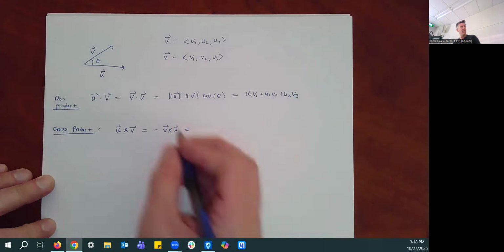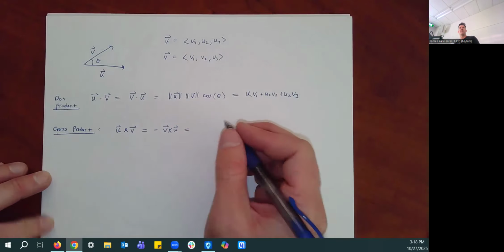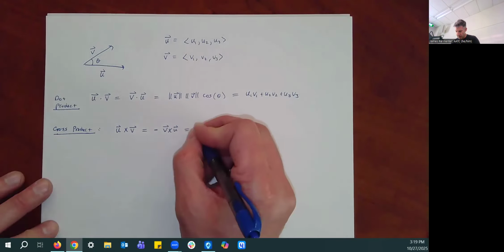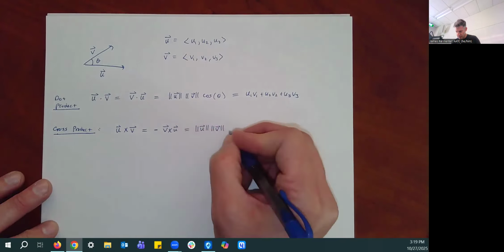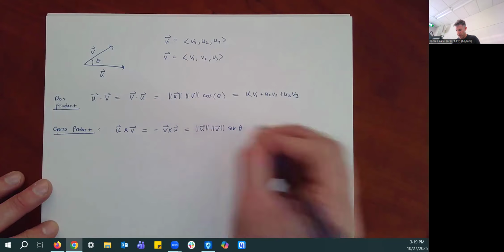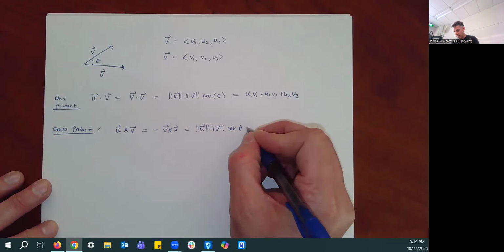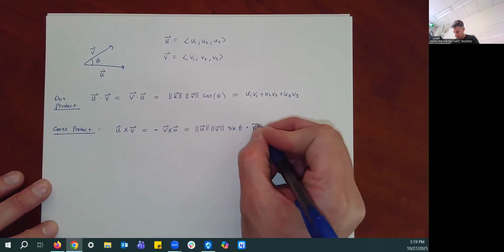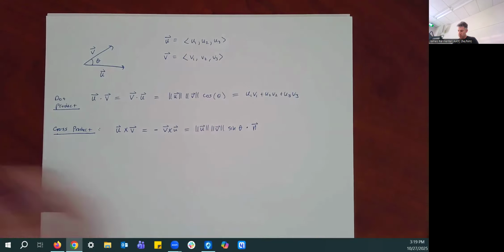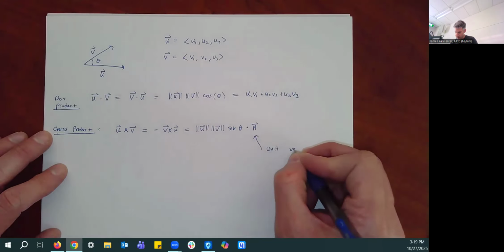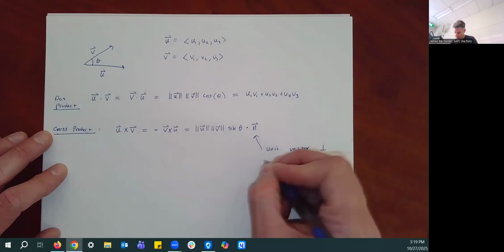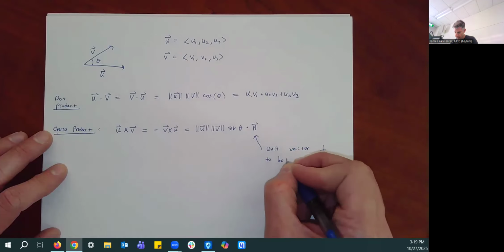This next part we never really use except for when we need to. Which sounds, I know, kind of dumb, but okay. It's the magnitude of u times the magnitude of v times sine of the angle between the vectors multiplied by the vector n, where n is a unit vector that is perpendicular to both u and v.